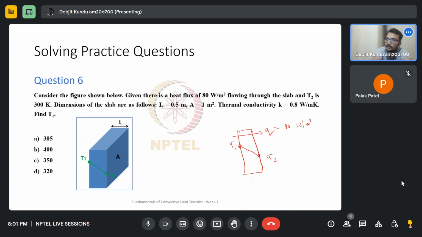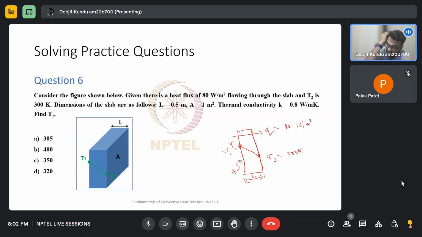Now given that this thickness is L and the area of this slab is A, and T2 is also given. T2 is 300 Kelvin. So T1 equal to what? This is the question.